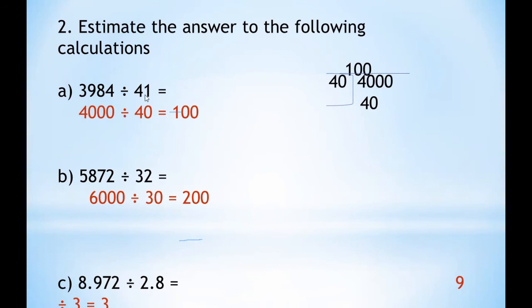Divide 41 rounded to the nearest tens will be 40. So you can do either the calculation, 40 ones are 40 and this 0 you can copy, or just cancel this 0 and 0, 4 ones are 4 and the 2 zeros you copy. So you can directly write 100.